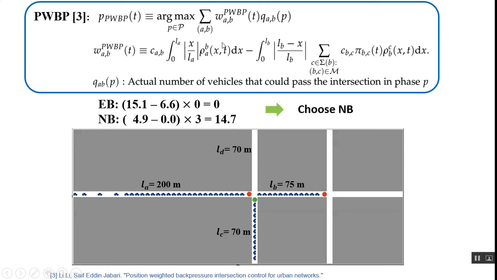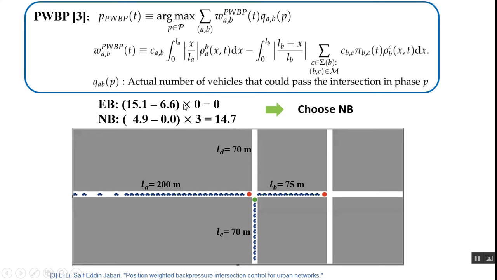So this part is equal to 15.1, while this part is equal to 6.6. Note that the CAB, CBC, and pi BC are all coefficients, but since we only have through movement in this simple example, all these coefficients are equal to 1.